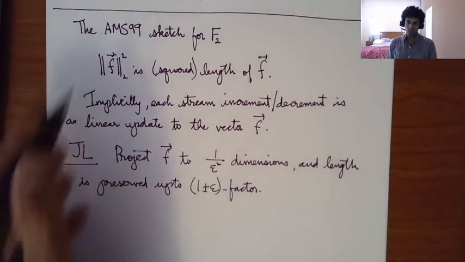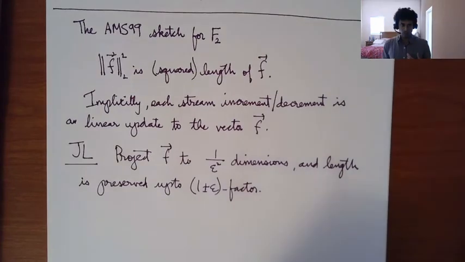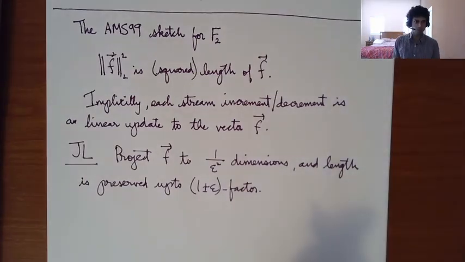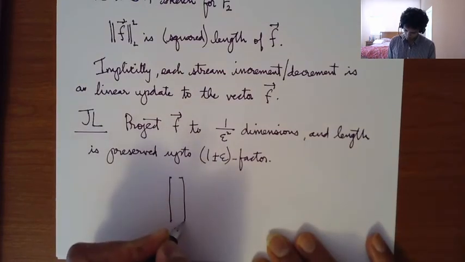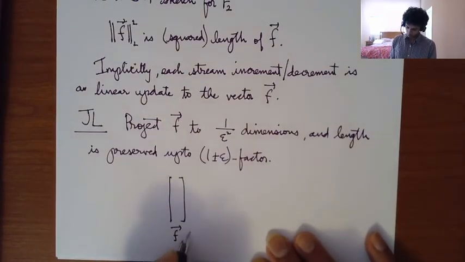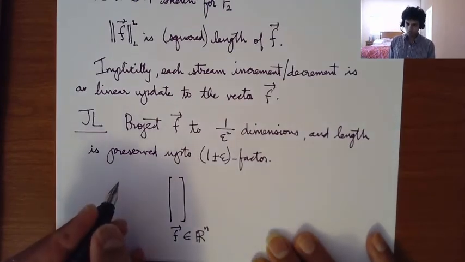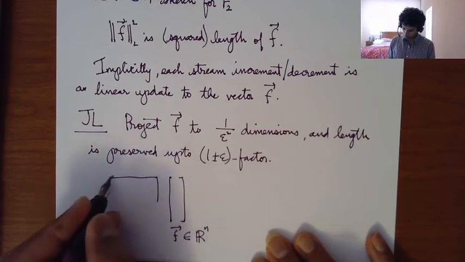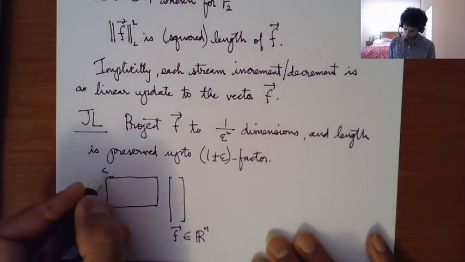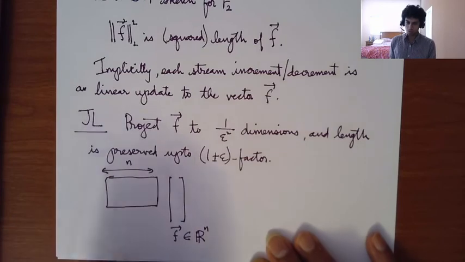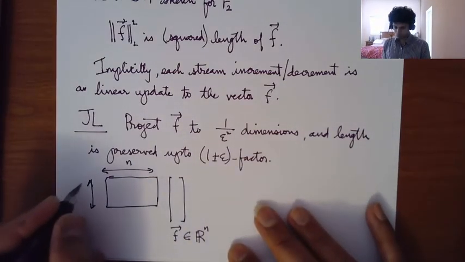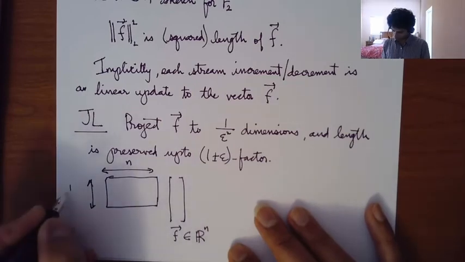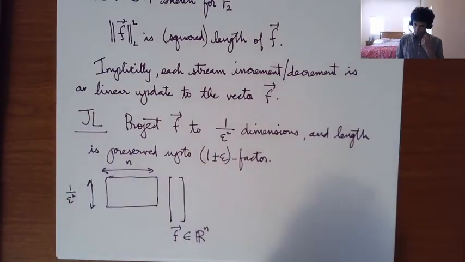So what the AMS 99 sketch does is basically simulate a Johnson-Lindenstrauss transform. Now what is JL? Let's again recall. F one can think of just as a vector in R to the n. JL is basically going to multiply this with a matrix, where this is n, and the number of rows we can think of as 1 over epsilon squared.